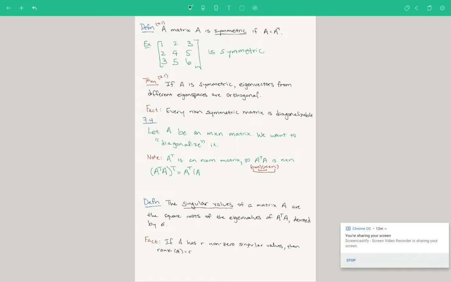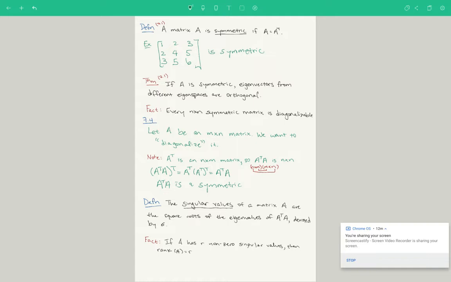So we'll apply the transpose to A and then apply the transpose to A transpose. And A transpose transpose is just A. So what does this mean? The transpose of that product is itself. So A transpose A is a symmetric matrix. That means that even though A was arbitrary, we started off with a completely random A, if we take a product with its transpose, then that's symmetric. And every symmetric matrix is diagonalizable. So that is fundamentally what we're going to use. We're going to think of A transpose A instead of A.